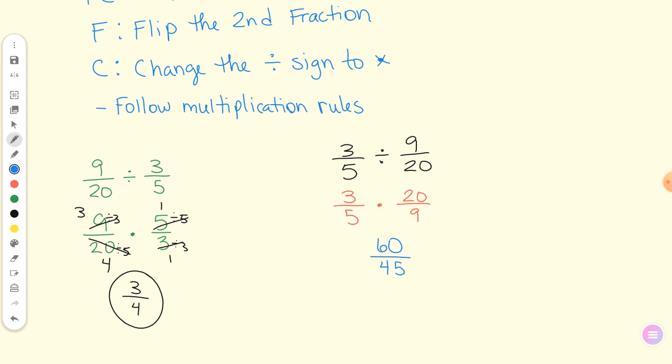Can 60 over 45 be reduced? Sadie, what goes into 60 and 45? 5. So we're going to divide them both by 5 because we're reducing. The bottom one's easy. How many times does 5 go into 60? 12. We get 12 ninths.